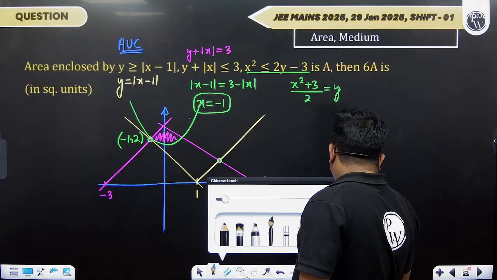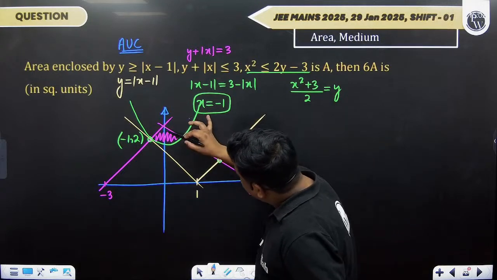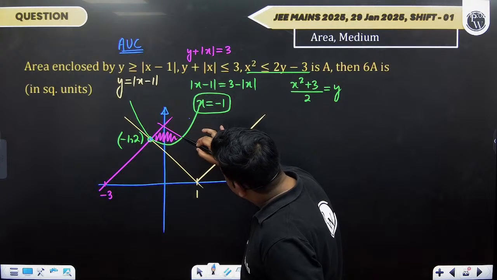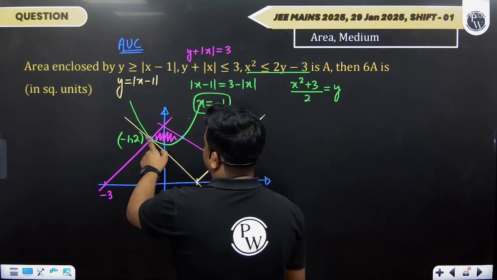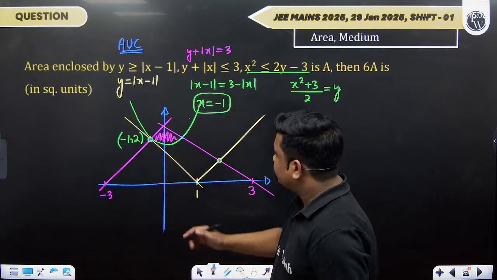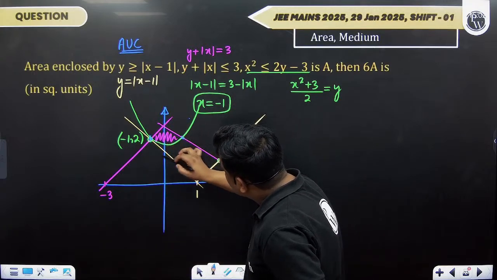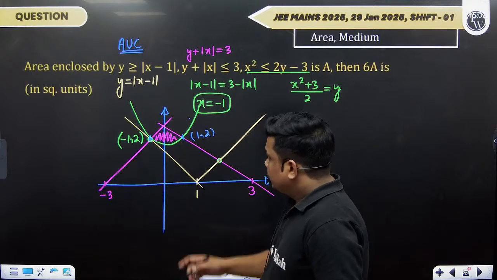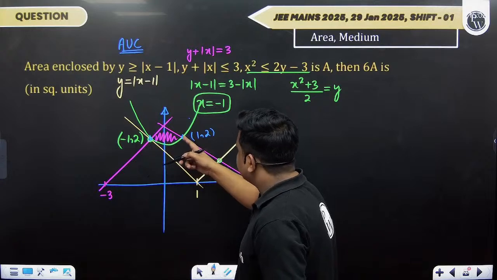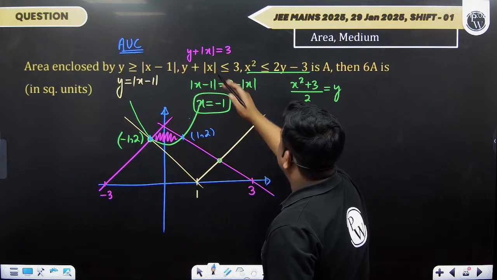Now this portion, if you understood, this and this will be symmetrical in nature, because this graph is symmetrical. These cutting points are symmetrical about the y-axis. So this will become 1 comma 2. That means we can solve from 0 to 1, where the pink graph is above.